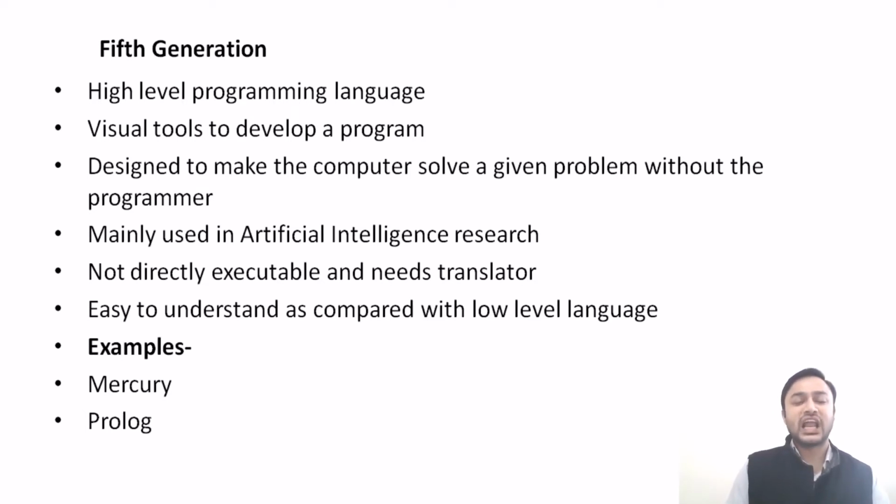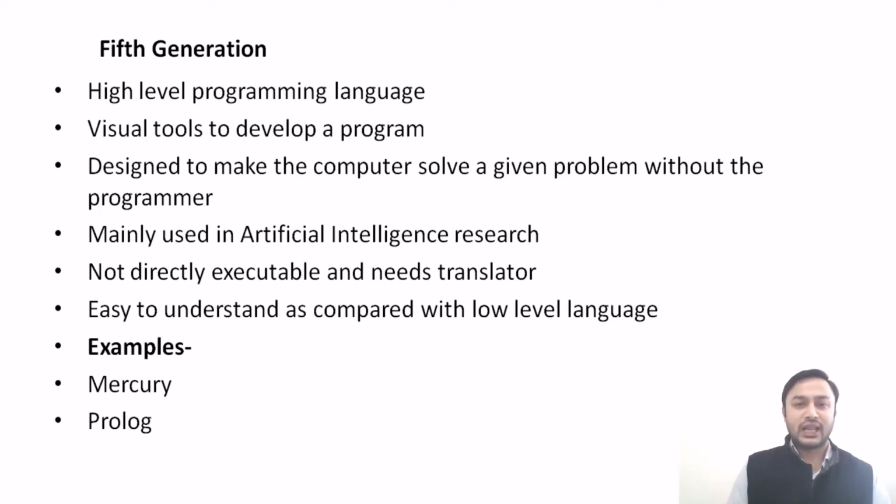In case of machine language, there is no need of a translator, but in case of assembly language, there is a need of a translator, that is an assembler. So it is a low level language, but in case of high level language, there is a need of a translator like the C++ compiler. In case of Java, it is an interpreter. So it needs some translator.